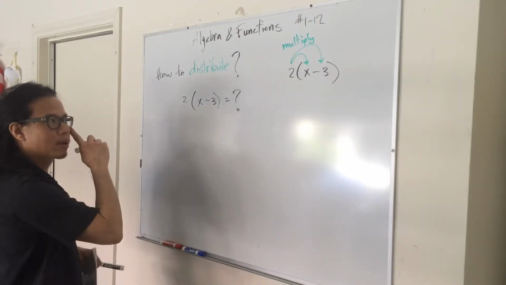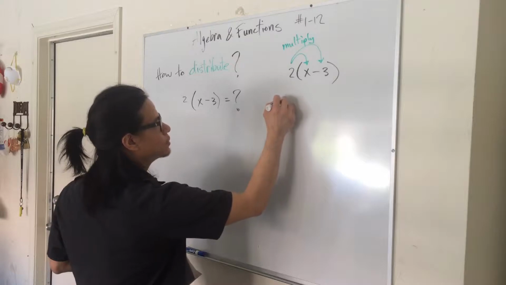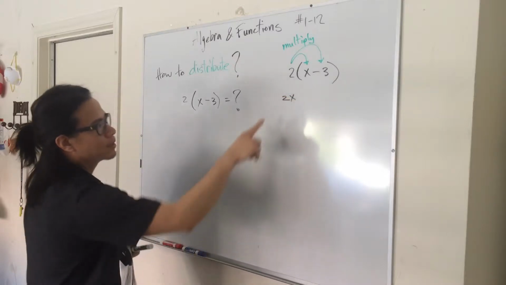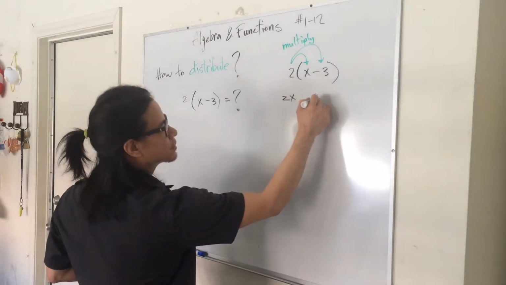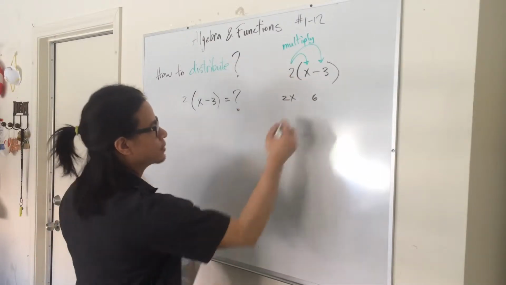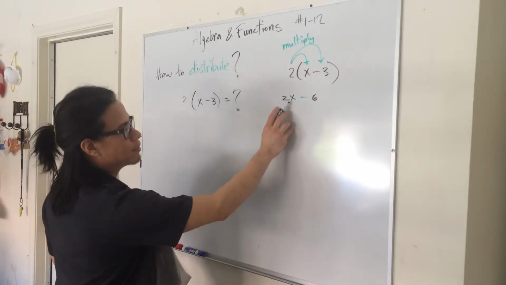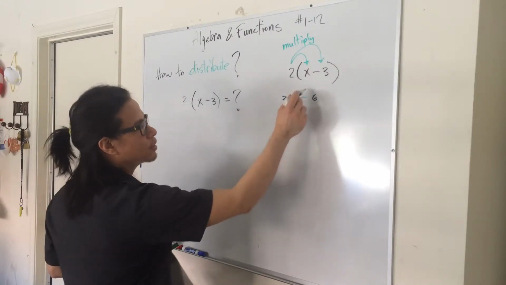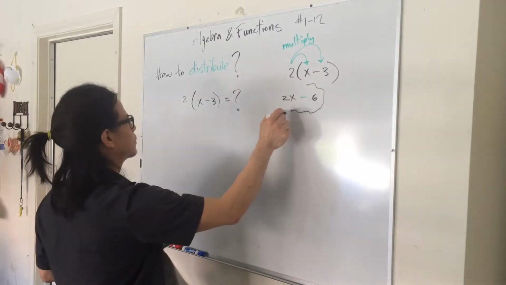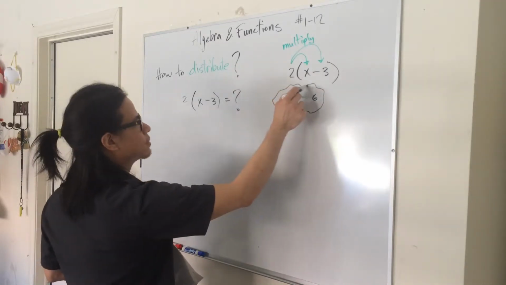So take 2 times x to get 2x. 2 times 3 is 6. Positive times negative is negative. You cannot combine variable terms and constant terms, so the best we can do is just leave it alone.